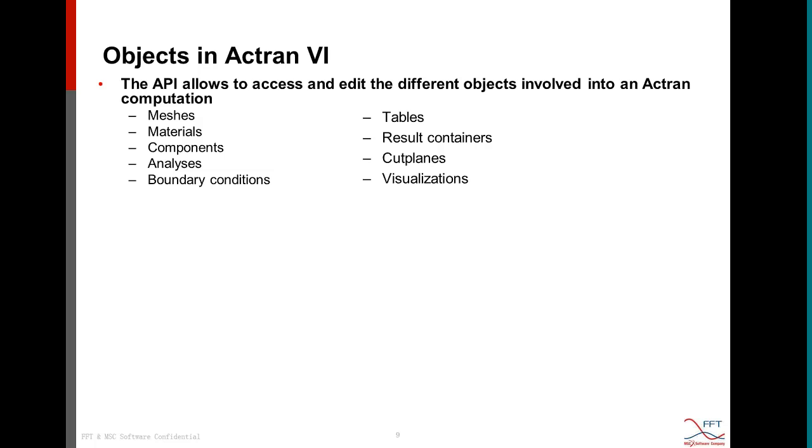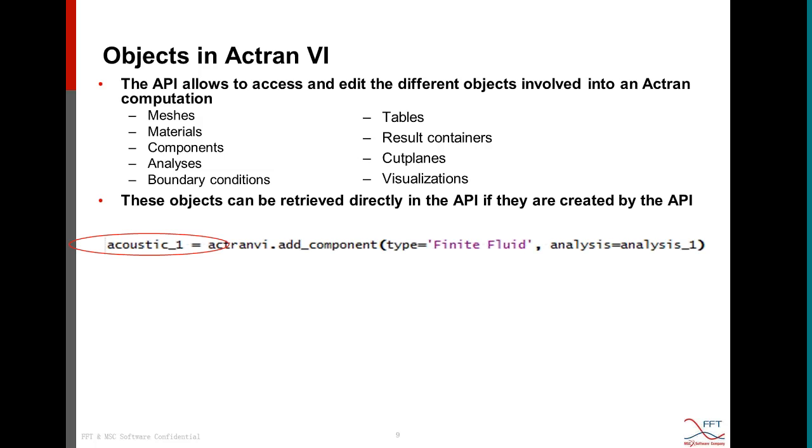The API can access all types of objects, like as we have seen: a material, a mesh, a domain, a component, which are Actran specific terms, boundary conditions, analysis, tables, and visualization containers for post-processing.